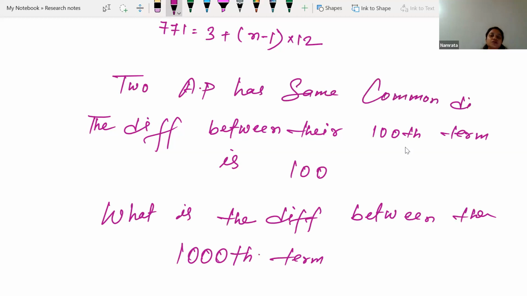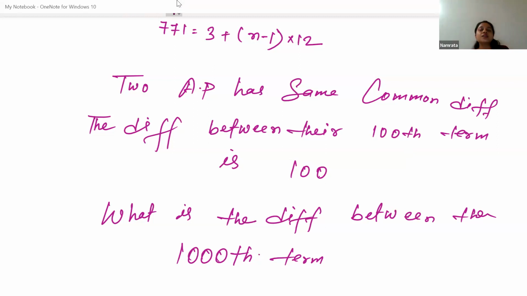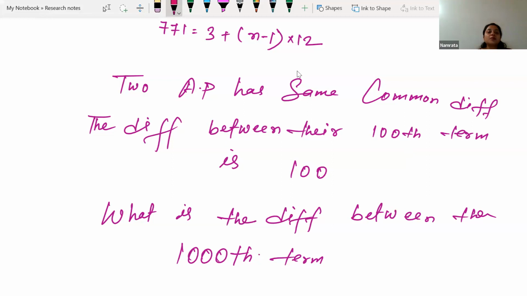If you are getting confused with this type of question, better to break it. Whenever you are solving a word problem, please break it into smaller parts. First read the first sentence and try to understand what exactly it's saying. If anything can be concluded from there, take it out and write it. That's the way you can solve any problem.